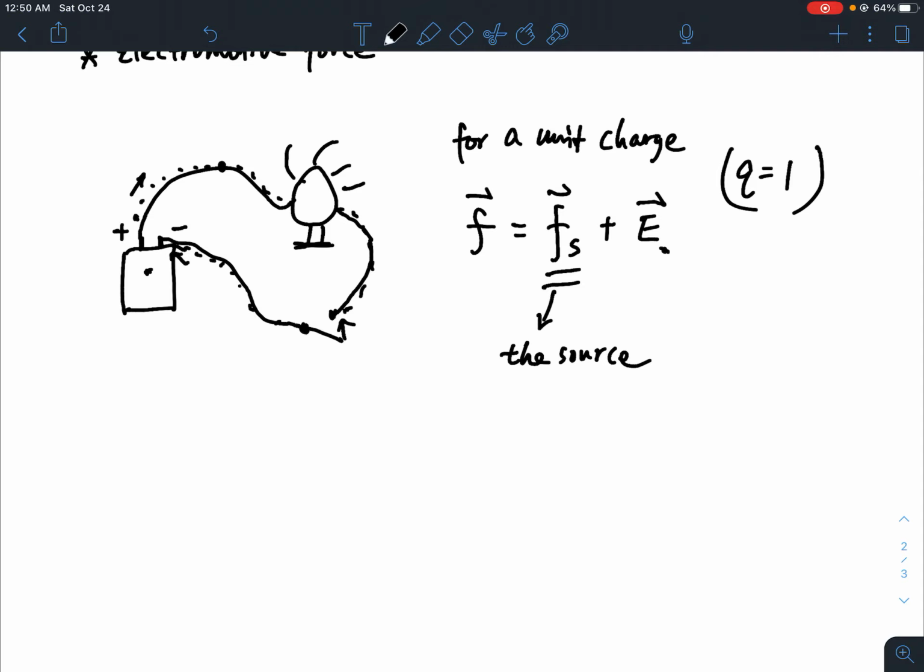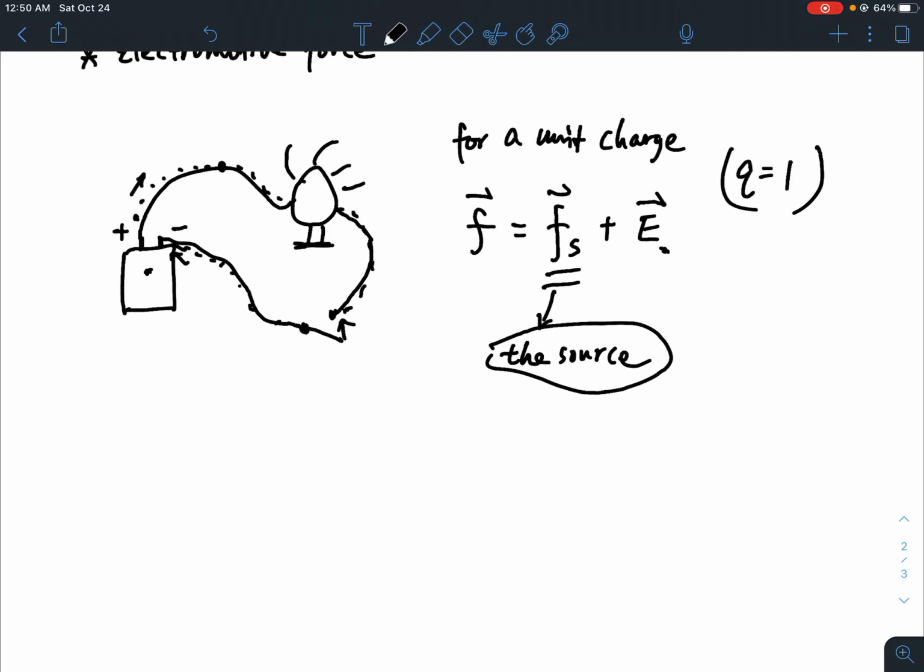The effects are both there: one is from the source, one is from the electric field that is created. For the force due to the source, the sources are different. For example, a battery is often due to chemical force, and for a photoelectric cell, that force is mainly created due to the light.